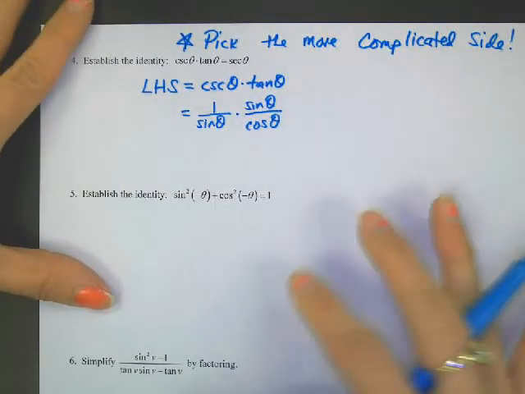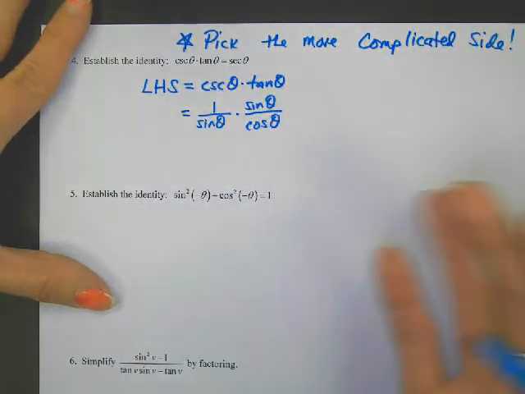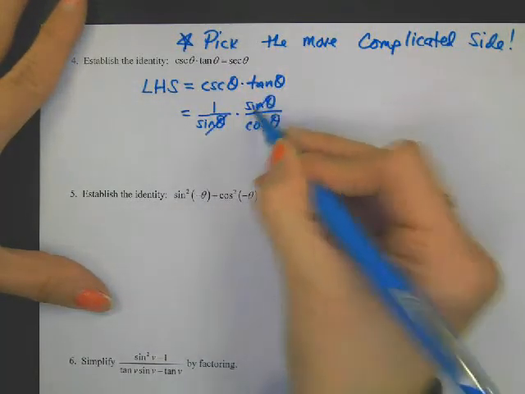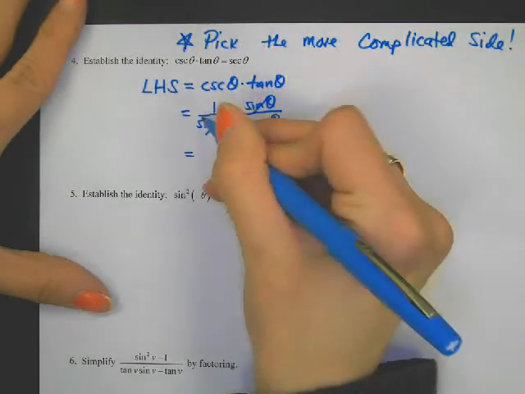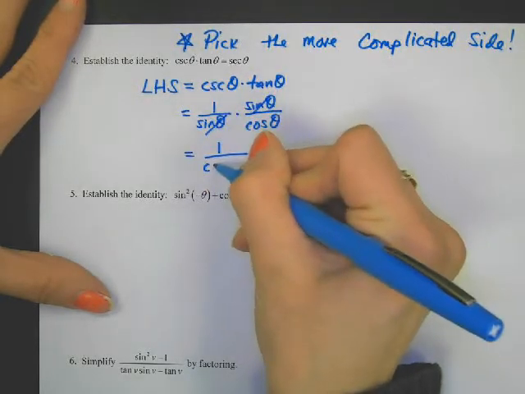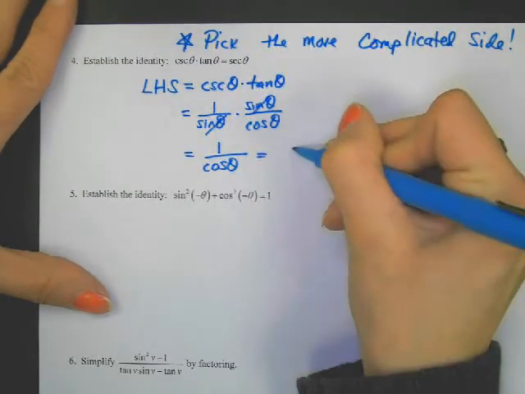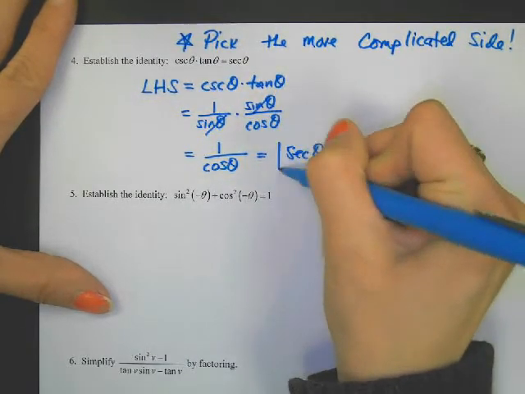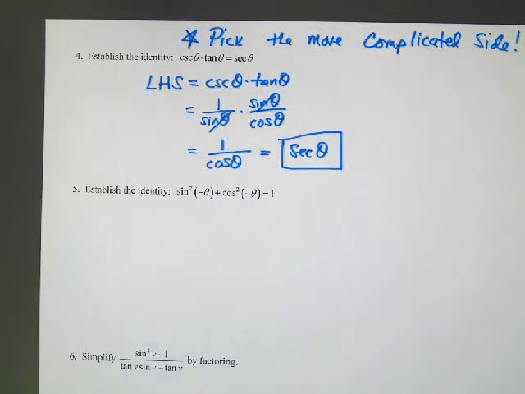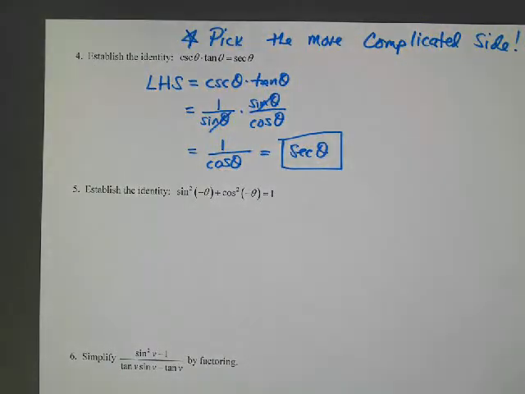If everything is sine and cosine, then you see stuff that either goes together or cancels out. So now we have a 1 left on top, cosine of theta on the bottom, and what does that equal? Perfect! We did it! Secant of theta. That technique is changing everything to sines and cosines.